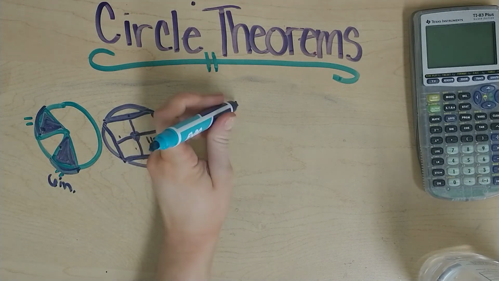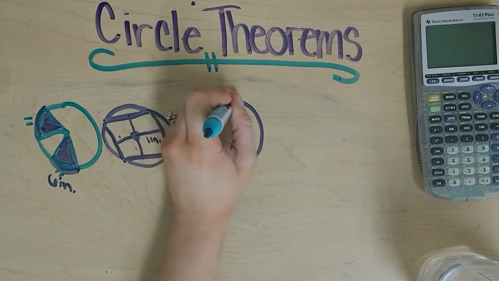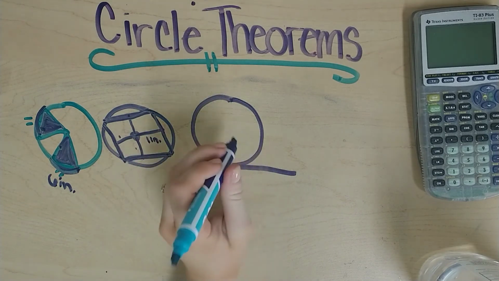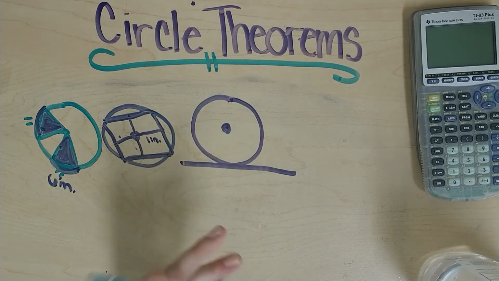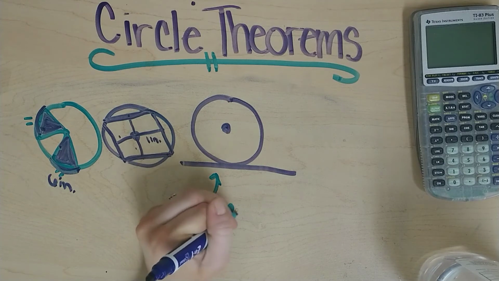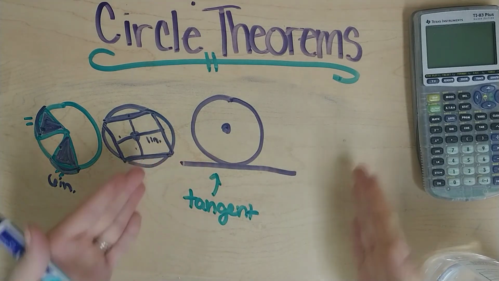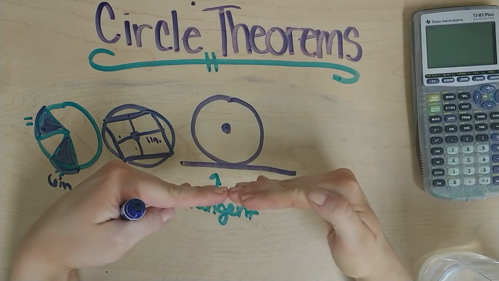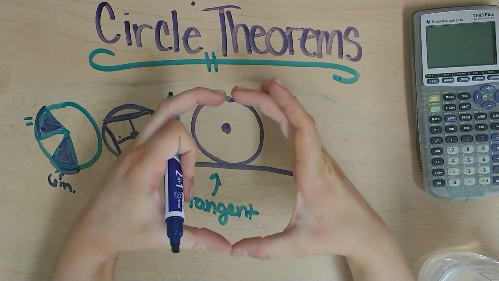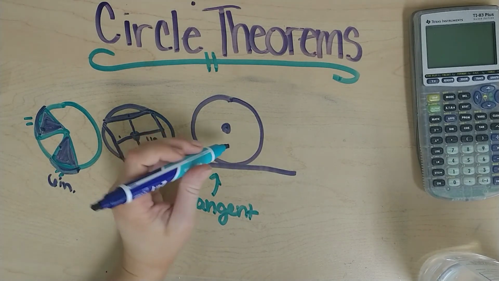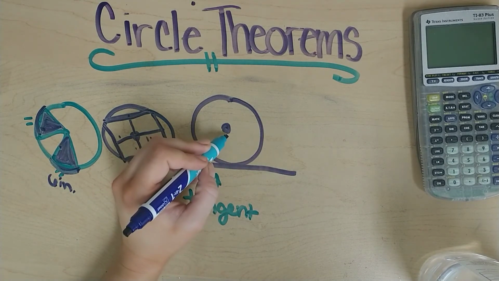My final circle theorem is more of a tangent theory. Here's a tangent, and that is just a line that is touching the outside of a circle evenly. It is just a ball or a circle sitting perfectly on a desk, for example. All this theory says is something very obvious.